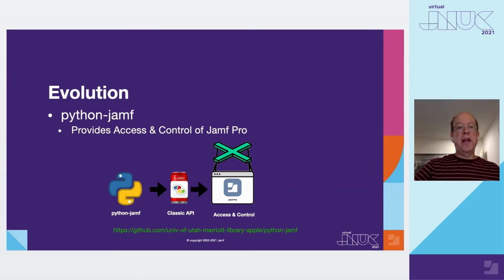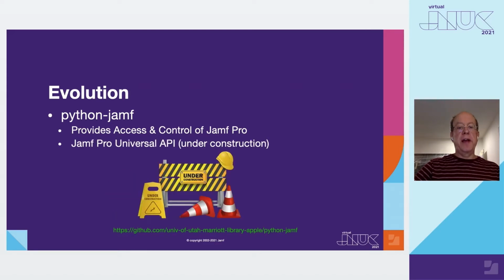The Jamf Pro Universal API is still under development by Jamf, and currently our project only supports the Jamf Pro Classic API, but we could add support in the future when it becomes mature enough and meets our project's needs.